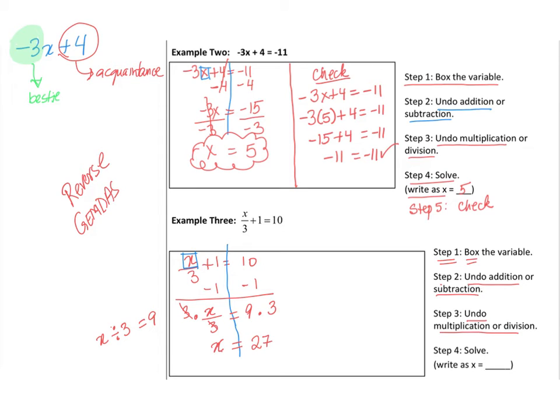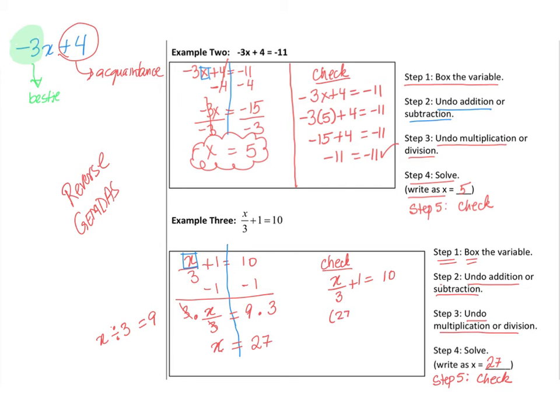So now I'm going to go ahead and do step 5 again, which is not written. So when I solved it, I found that x equaled 27, but I have to do step 5, which is a check. And I'm going to do the check right here. So let's start with my original problem, which is x over 3 plus 1 equals 10. And I found x to equal 27.